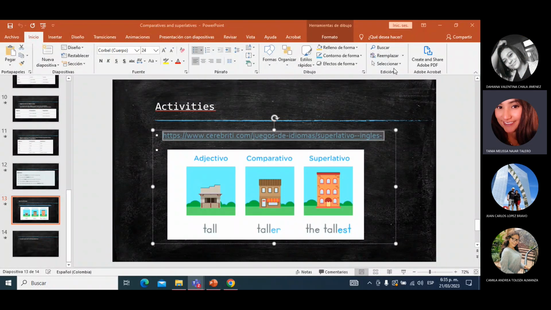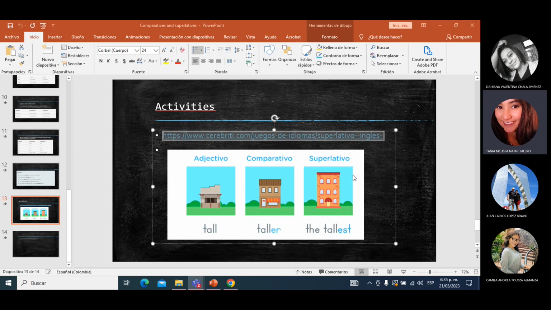So the next exercise is the following. Here it's a different exercise. You need to look on the internet for 5 adjectives. These adjectives could be long and short.